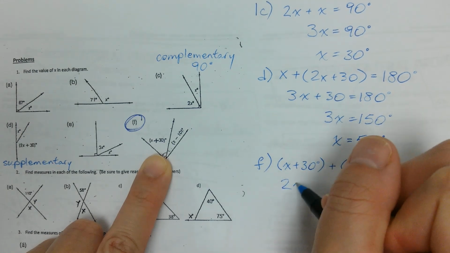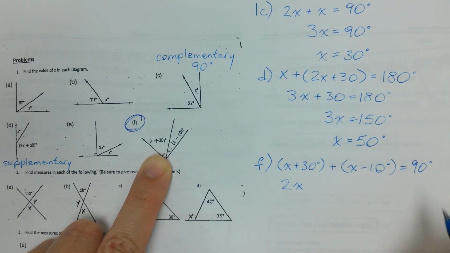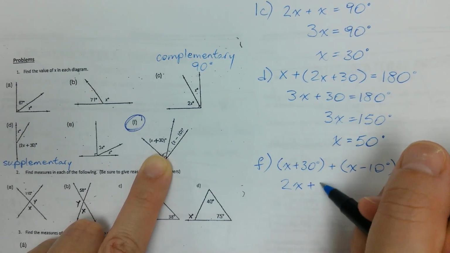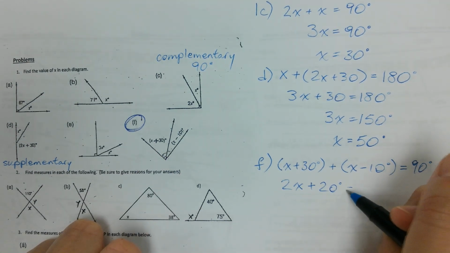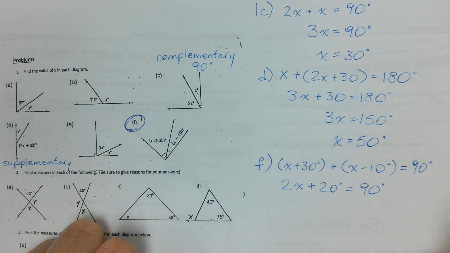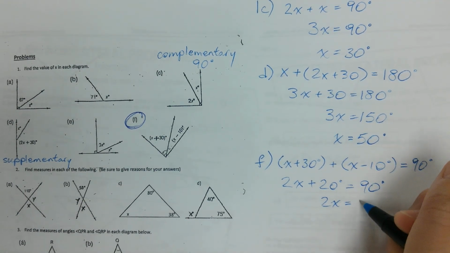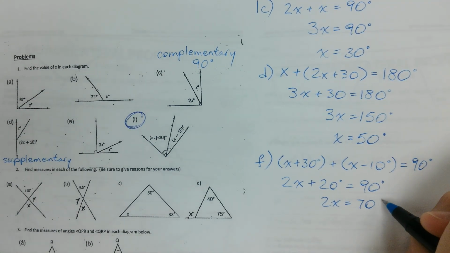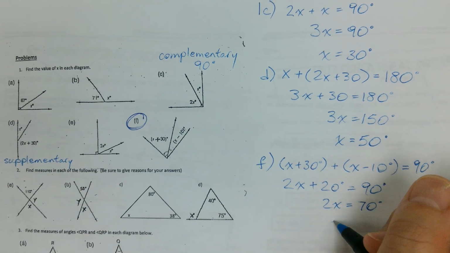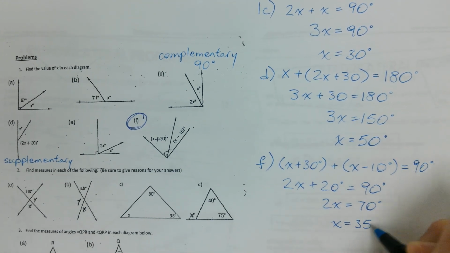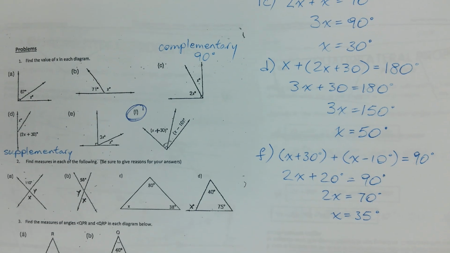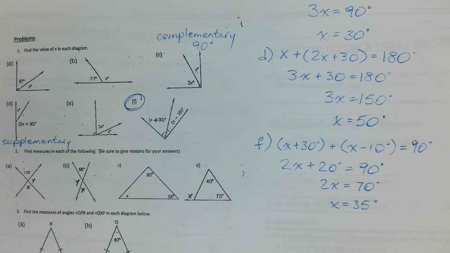X plus x is 2x. 30 minus 10 is plus 20 degrees. So when you move the 20 over, you get 2x equals 90 minus 20, so 70. And then divided by 2, so x is 35 degrees.